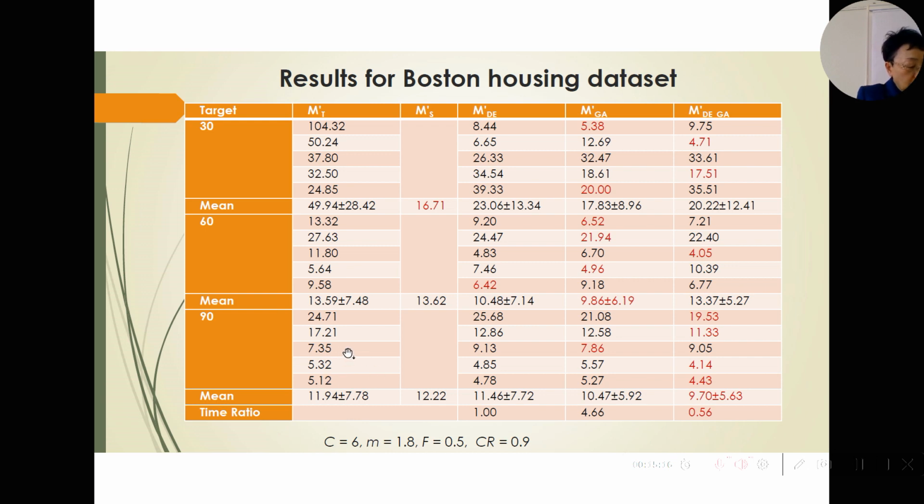As shown in the table, MGA and MDGA often have smaller error than those for the other models.